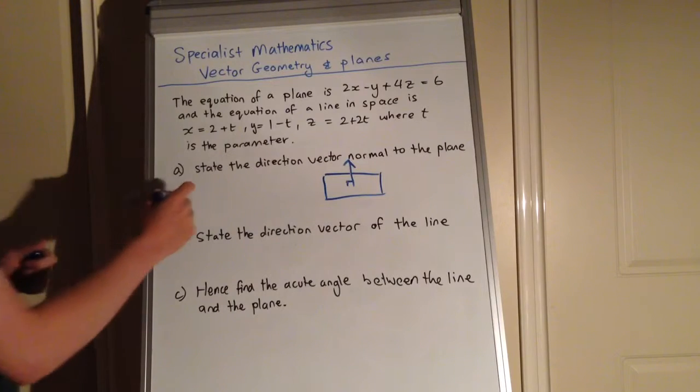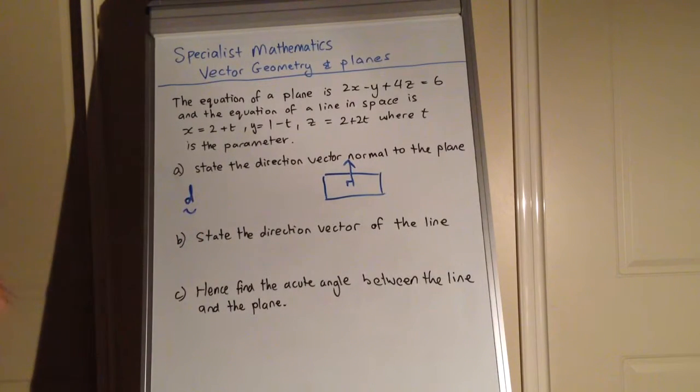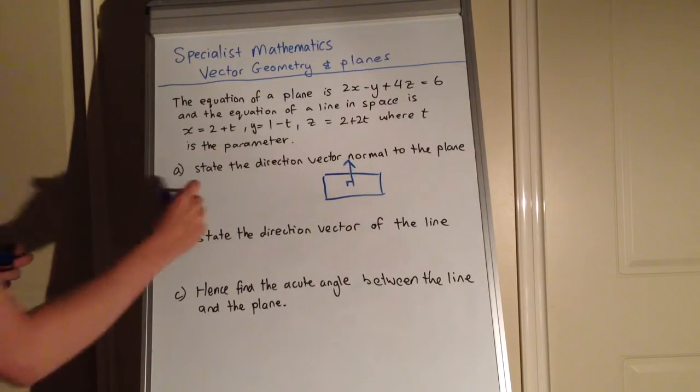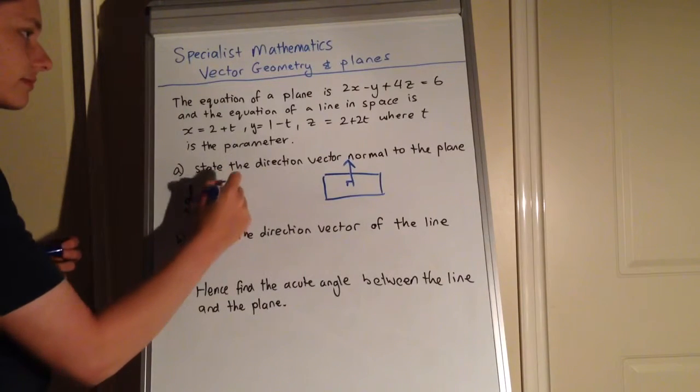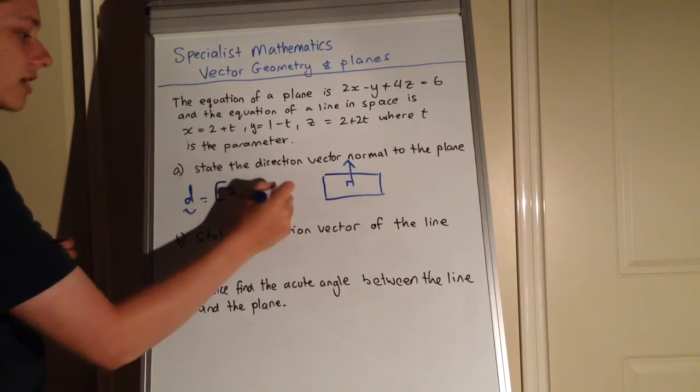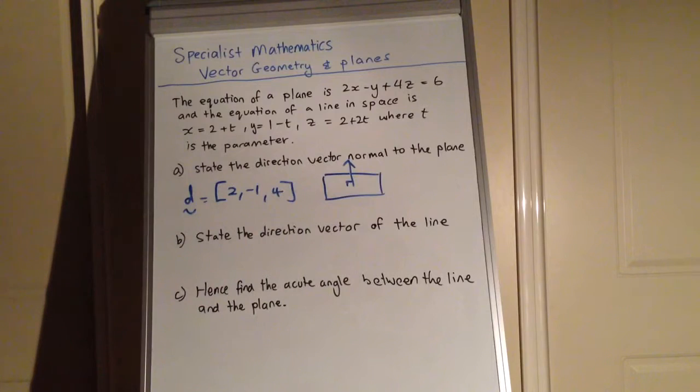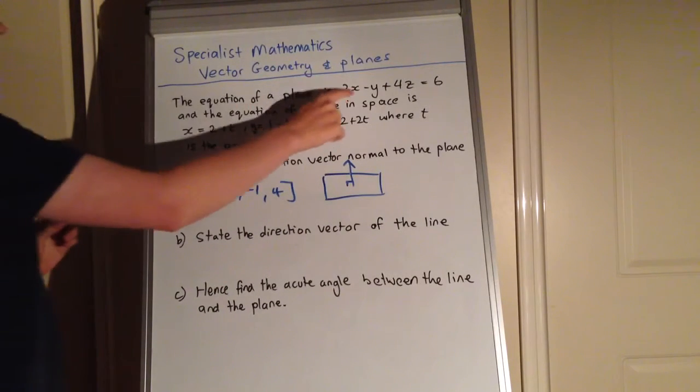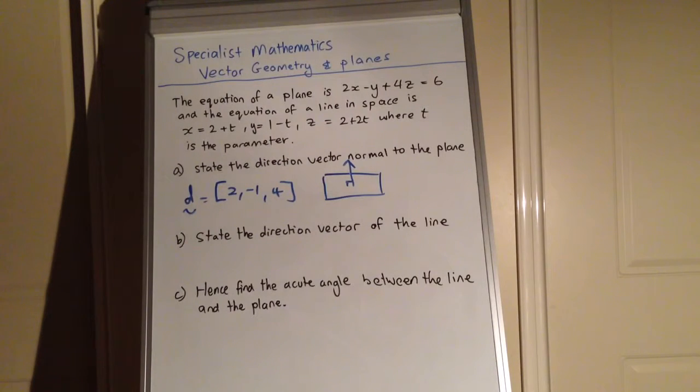So we can write this as d vector, 2, negative 1, 4. And that's our direction vector normal to the plane. Again, it's just the general form for the equation of the plane. We're just taking out the coefficients there. The coefficient of x is 2, the coefficient of y is negative 1, and the coefficient of the z term is 4. So now state the direction vector of the line.